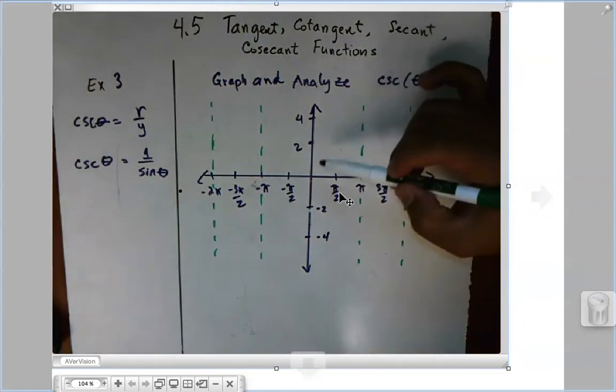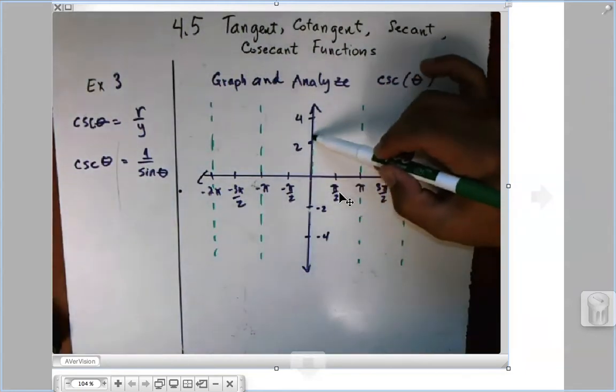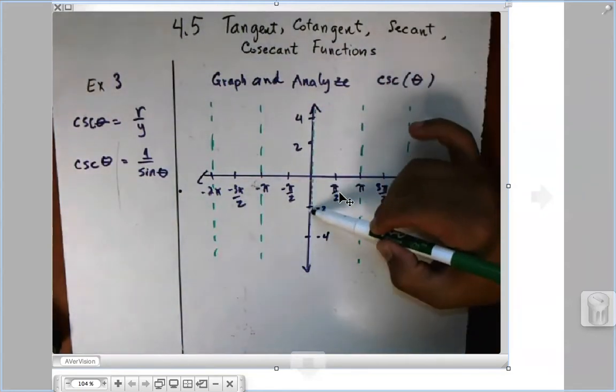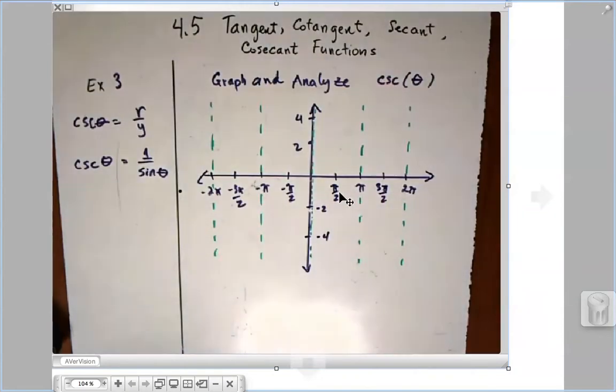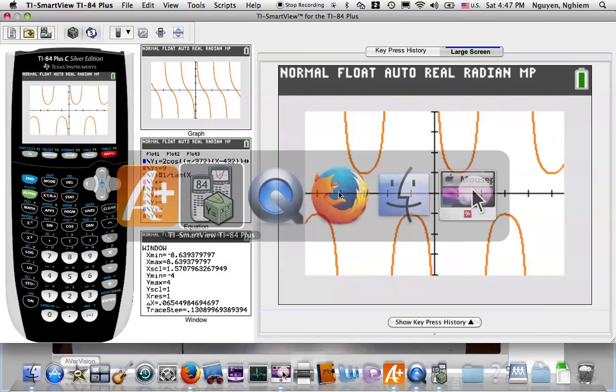And also at 0. I mean, I should really say that the vertical axis here also contains it. All the way down there. And let's look back at our graph.